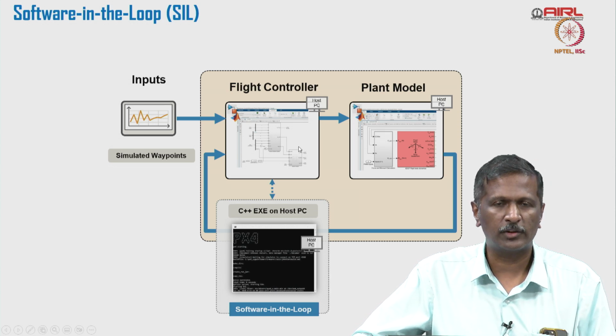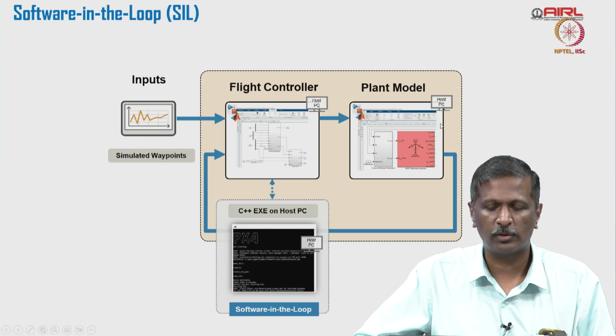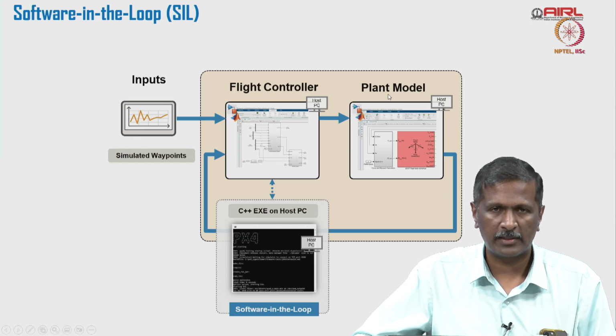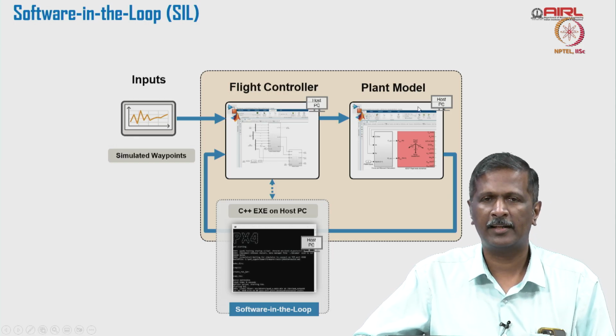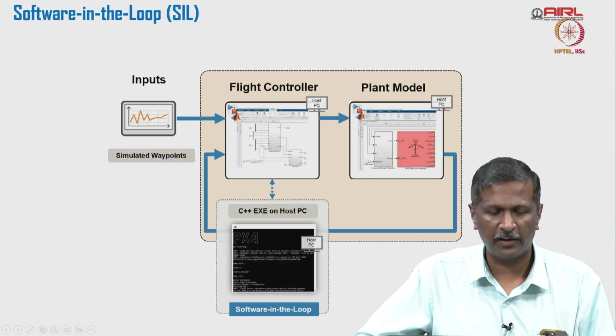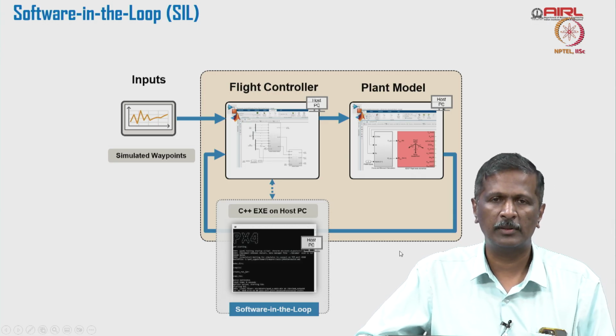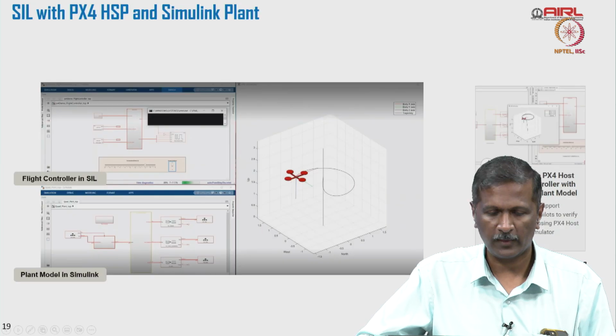Based on that, the flight controller will switch, and then the output of the flight controller goes to the plant model, which we discussed in module 2, where we covered how to represent the plant. The output of this plant will have sensors, and that sensor output will come in. We check everything in the software in the loop execution, and we can port it into C++ on a host PC and verify whether the whole mission is executable in real time.